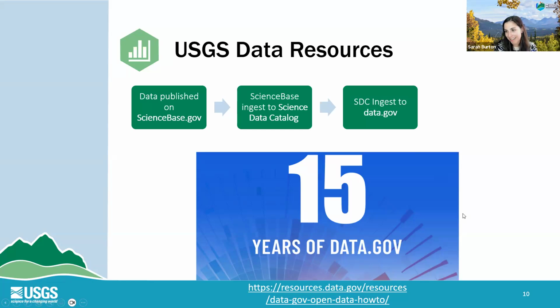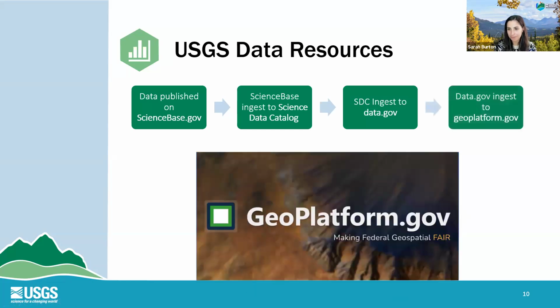And the last place that our data flows into, USGS as a whole and CASC, is geoplatform.gov. So this will be a little bit more specific and applicable to this group, being spatially oriented. So the Federal Geospatial Data Act requires that all of our federal spatial data resources end up in geoplatform.gov.